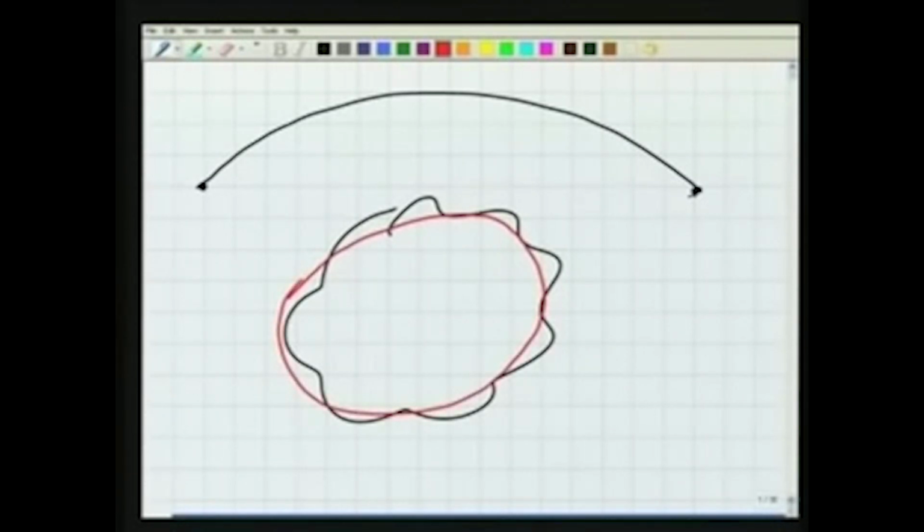A mathematically defined surface, because a point here, let us say this point A, which is here, and this point is B, let us say the B is here. The missile has to be fired from here and it has to reach its target.